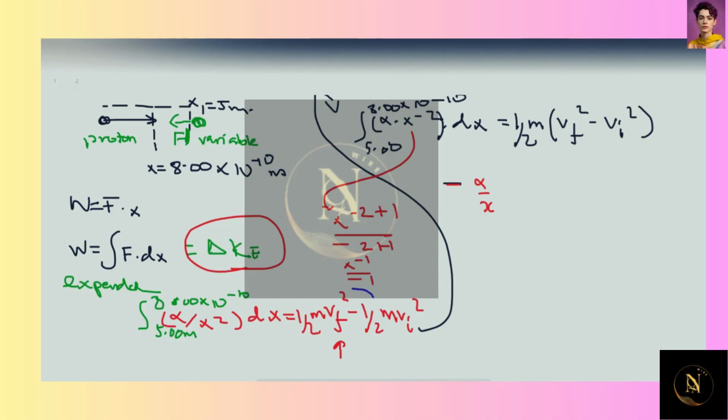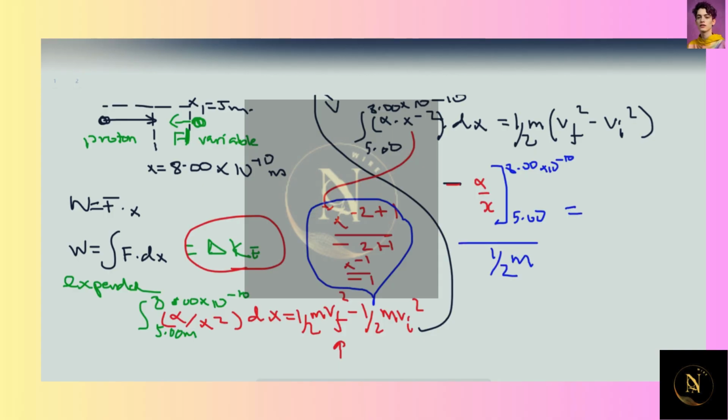This is just a side note to show you how you end up with this integral. Then you put the limits of integration, 5 up until 8 times 10 to the negative 10. That result will be divided by 1/2 m.